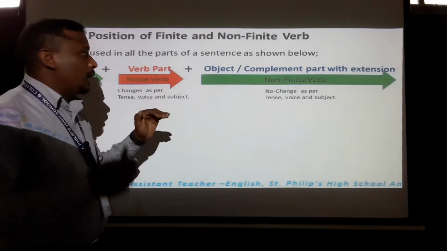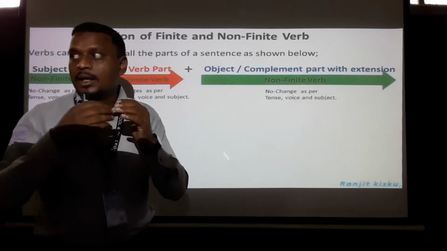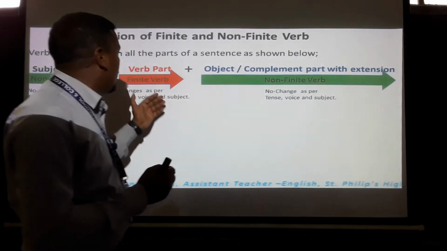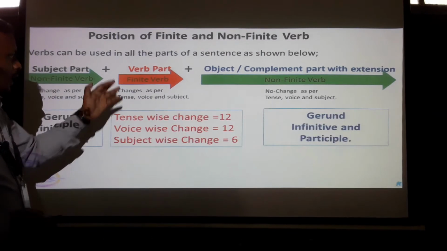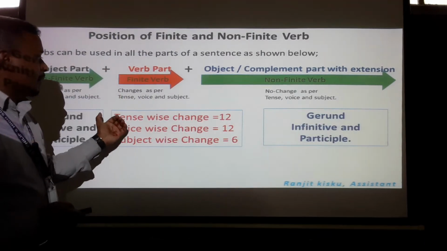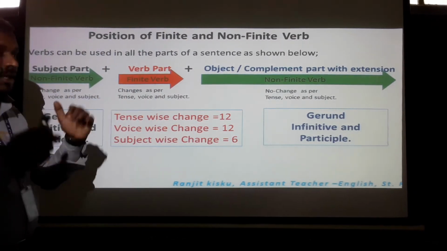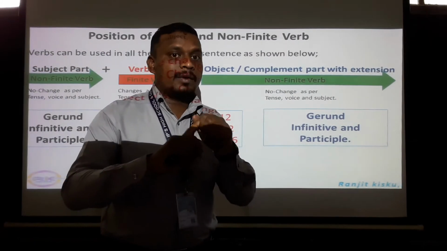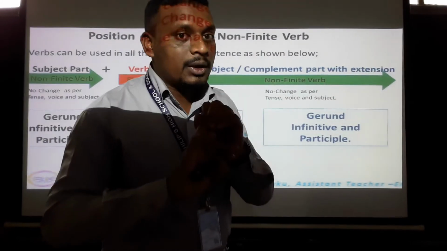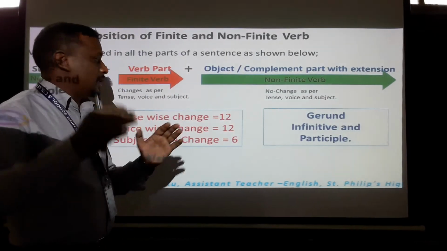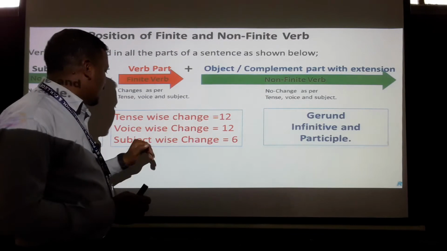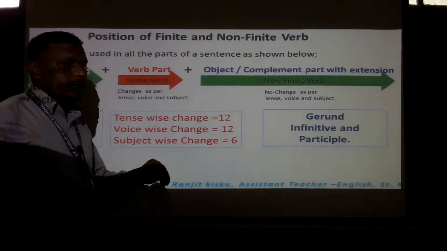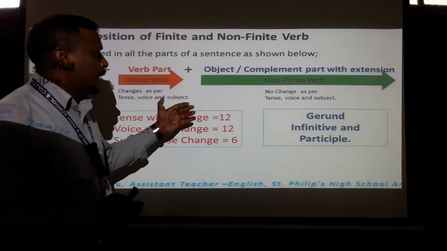Now, first we will look into the verb part, and let's see how many changes of a finite verb are possible in the verb part. Dear learners, in the verb part, a finite verb can be changed as per tense, as stated before. So, tense-wise changes are 12. A verb in the finite mood can be changed 12 ways according to tense. And then, according to voice, we will get 12 changes, and subject-wise, we generally get 6 changes in an English sentence.